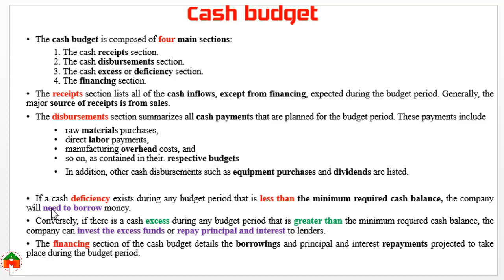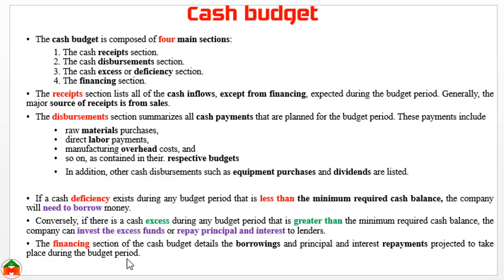And in the third section, we show the cash deficiency or cash excess. If the disbursement is higher than the cash receipts, then there will be a deficiency. But if the cash inflows or cash available is higher than the cash disbursement, there will be a cash excess.